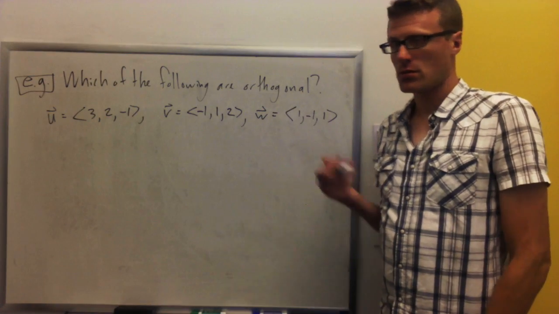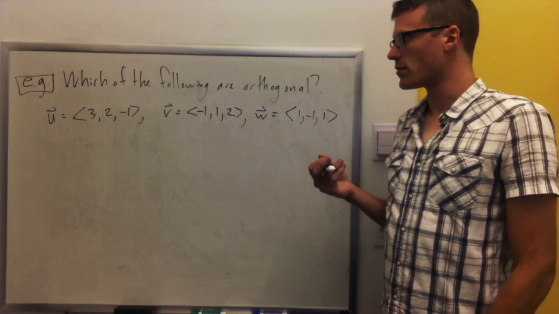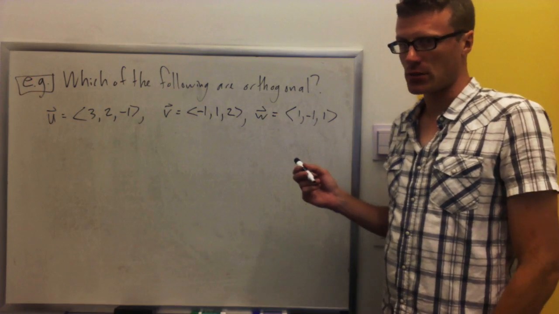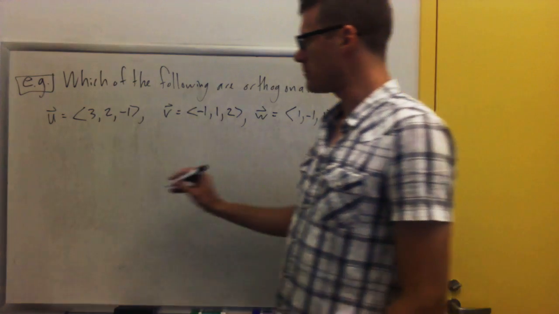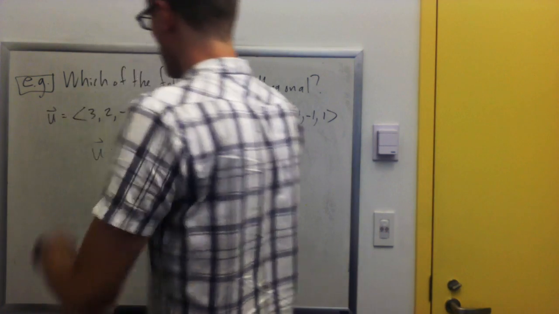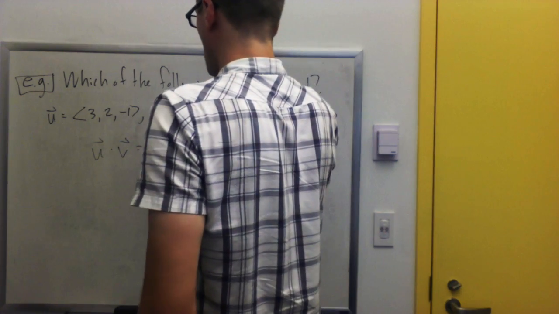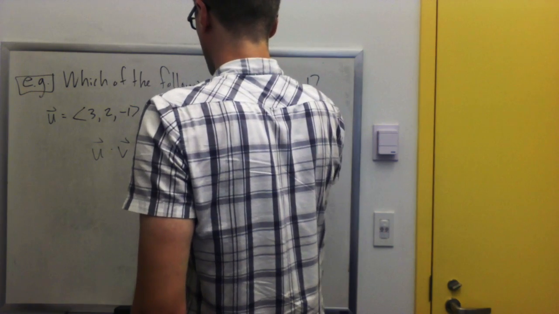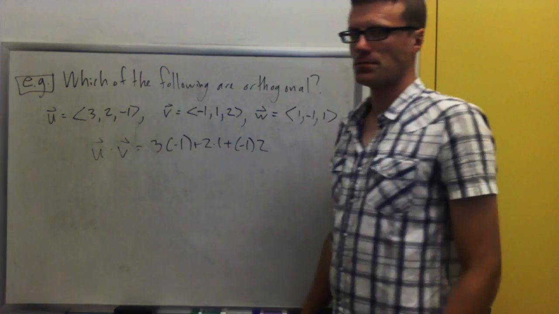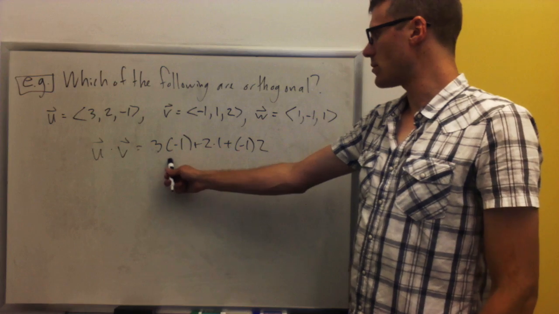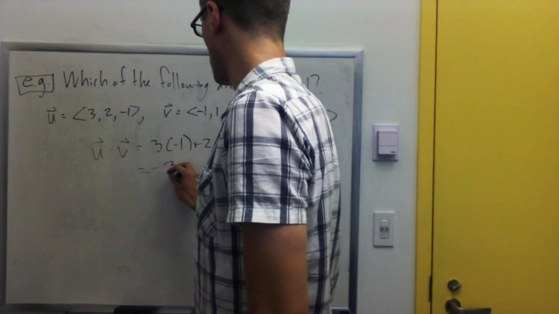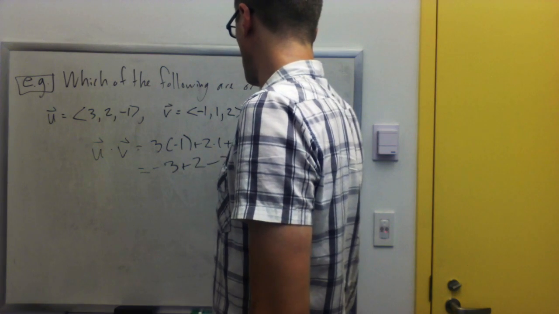Okay, so let's do an example. Let's see which of the following pairs of vectors are orthogonal. Let's try each pair of vectors. So first, u dot v. U dot v is equal to 3 times negative 1 plus 2 times 1 plus negative 1 times 2, which is negative 3 plus 2 minus 2, which is equal to negative 3.